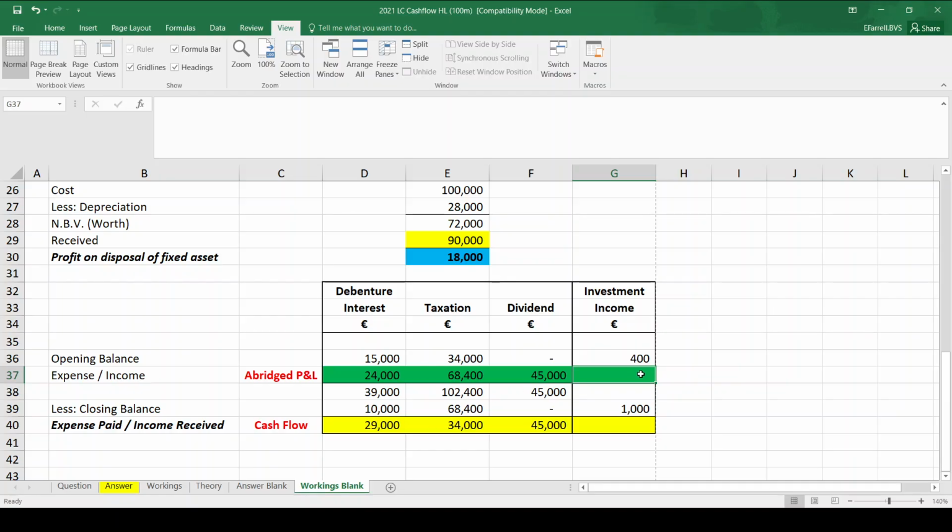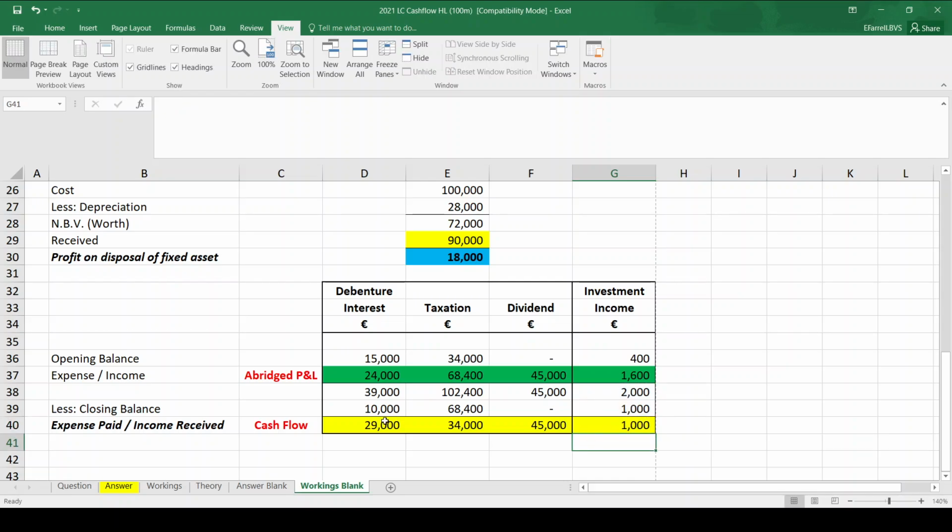So my income for the year should be 40,000 by 4%, which is 1,600. So I was owed 400 at the start of the year. I should be owed another 1,600 for this year, which is 2,000. At the end of the year, I was only owed 1,000. So I must have received the difference of 1,000.